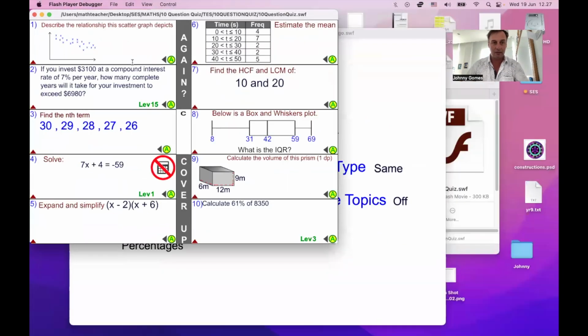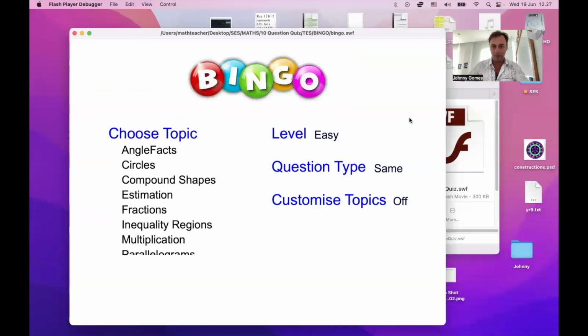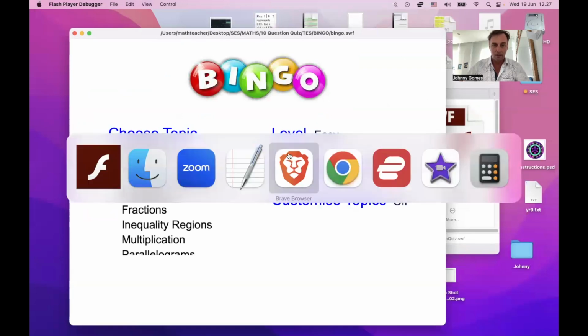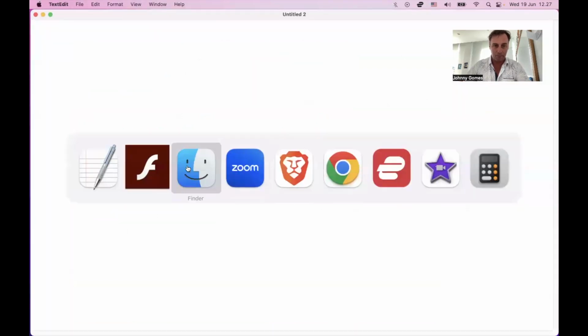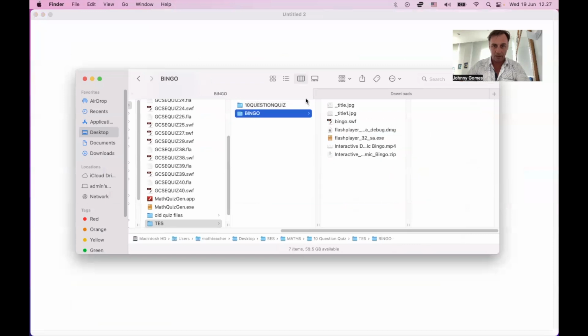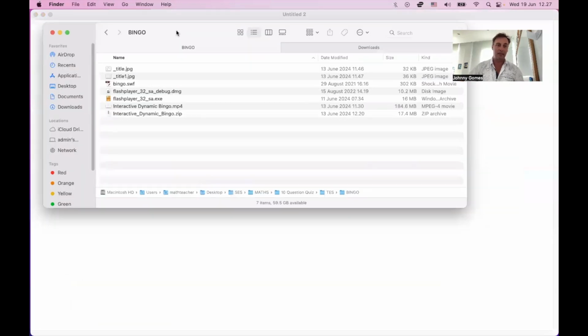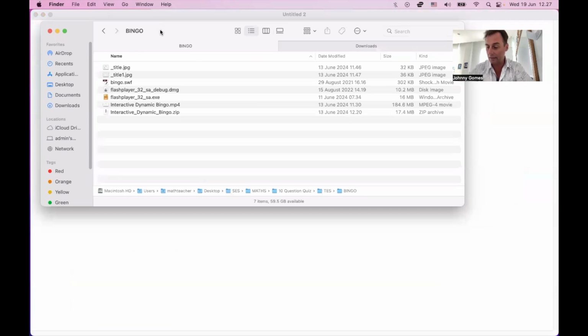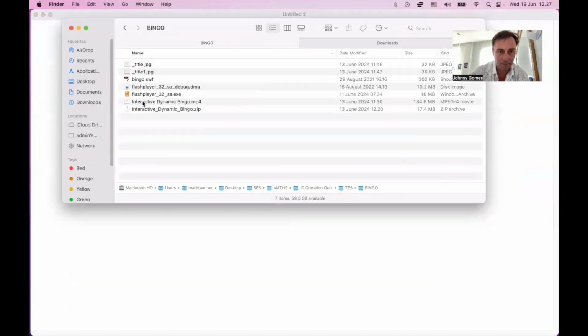Okay, I'm just going to close this bit down and talk to you briefly about how I mentioned that it was built in Flash, and Flash is an obsolete program now. They discontinued it, but that doesn't mean you still can't use it.